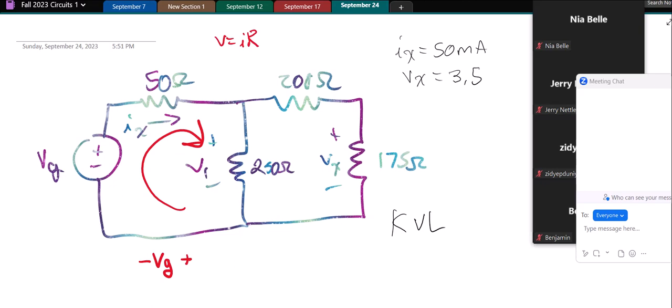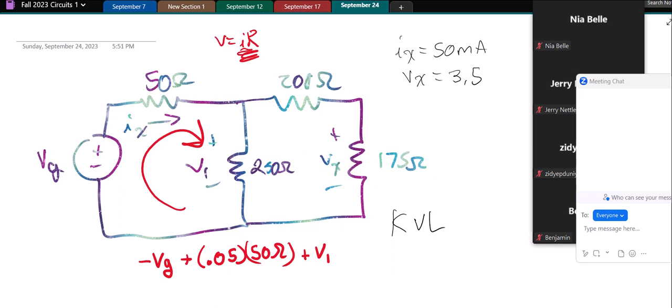And I want the voltage across that resistor, so exactly what I have right here, the current times the resistance. My loop is going in the same direction as my current, so it will be whatever Ix is, which is 50 milliamps. So I don't change the sign. Well, it's really 0.05 times 50 ohms. So that's the voltage there. And then plus V1 right there, because I don't know V1 yet.